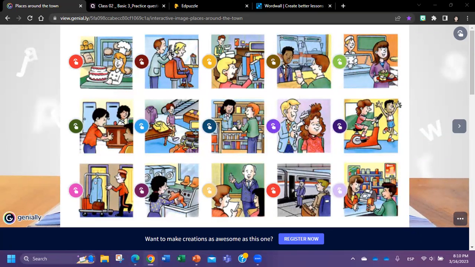What about the next one? Gym. Okay, it can be a gym or also a health club. Both of the expressions are okay. What about the next one? It's a hotel. Excellent. This is a hotel. Next one. It's a laundry.